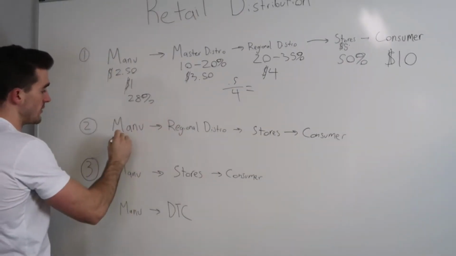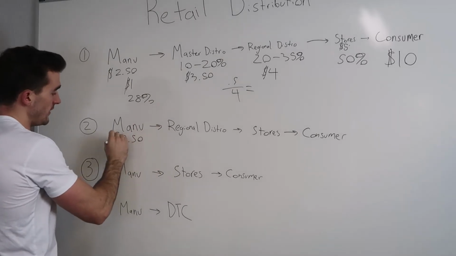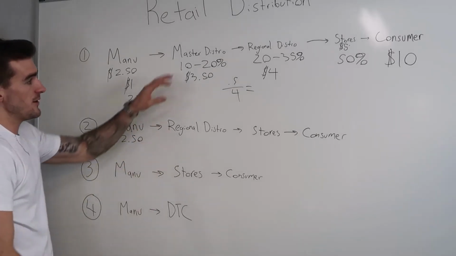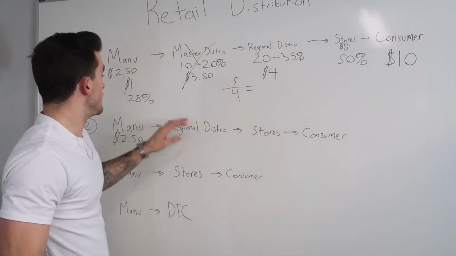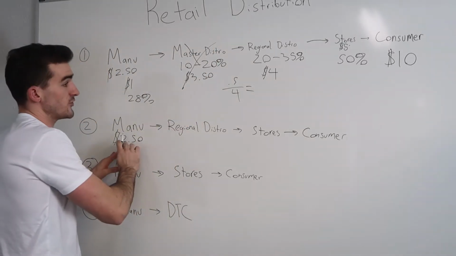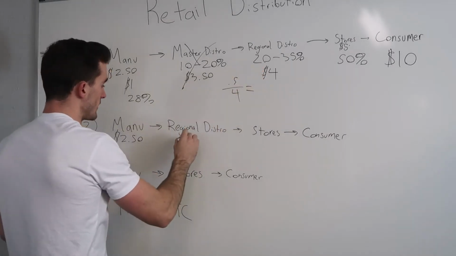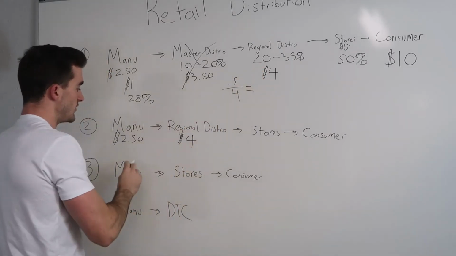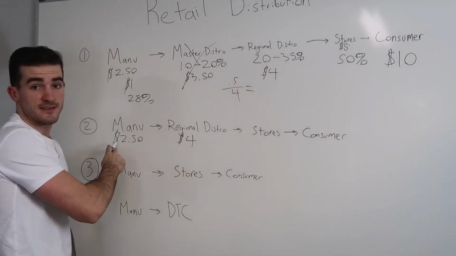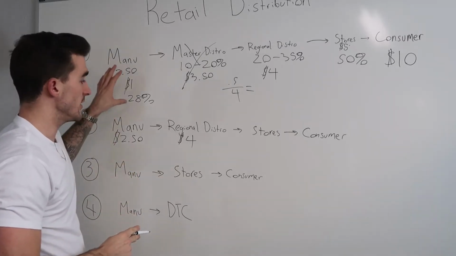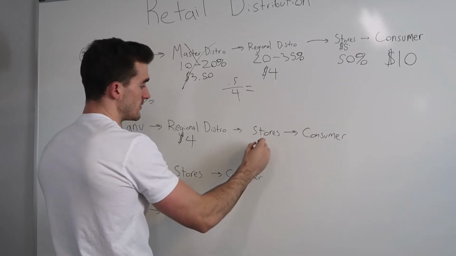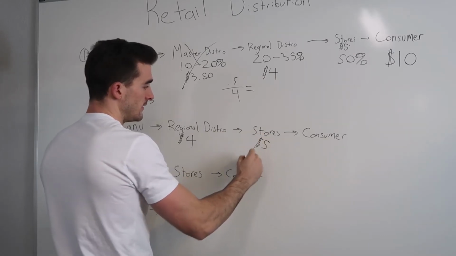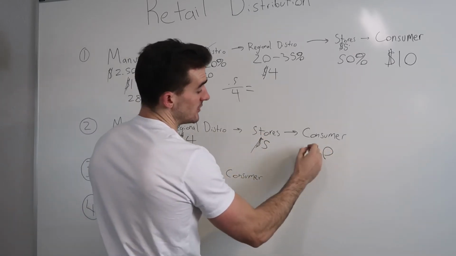So essentially your costs are the same, $2.50, but now you're cutting this person out. There's no longer a master distributor. So you're gonna sell straight to regional distributors at say $4. So you're going to make an extra 50 cents when compared to a master distributor. The regional distributor is going to sell to the store at the same $5, and then the consumer pays 10.